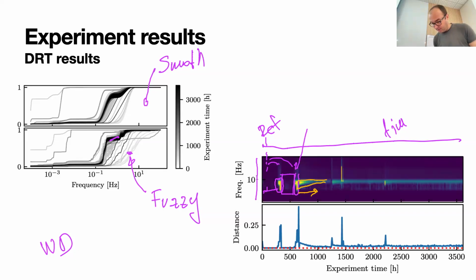After the second emergency shutdown, this frequency band expanded a little. So if we draw a DRT, it is in these frequency bands that this time constant expanded the most. And we can do this online.